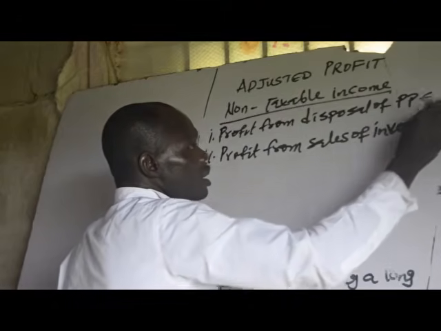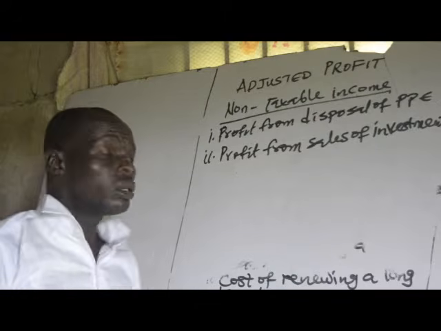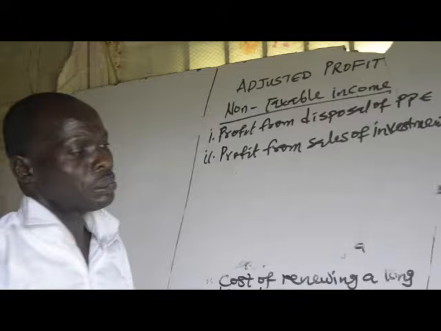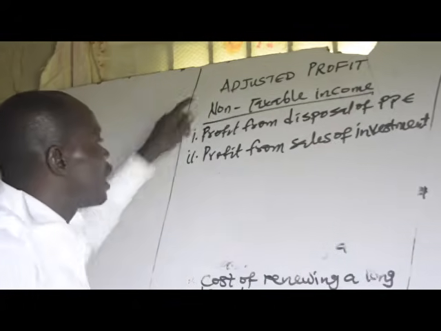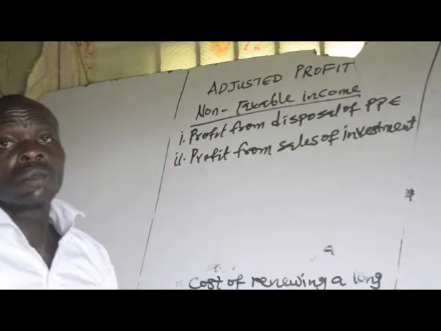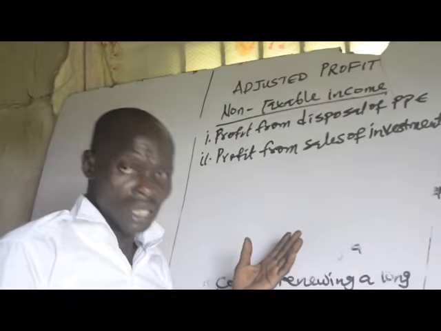All these income are not taxable in the hands of the recipient. Having examined the list of non-allowable expenses and the non-taxable income, we therefore want to take a worked example.